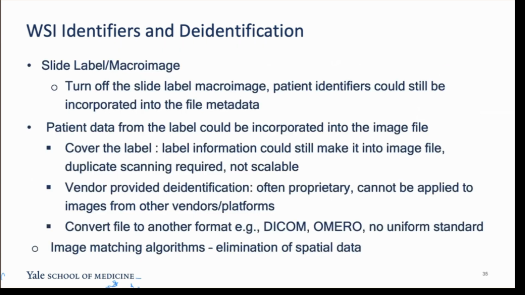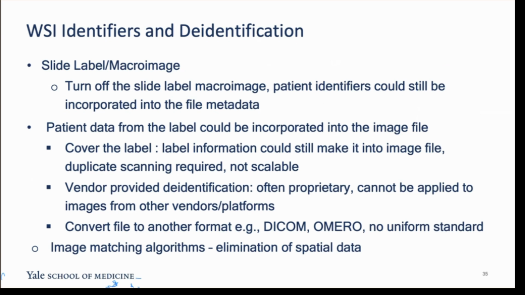So how do we deal with it? One way to do this is to just cover the slide physically so that the label information is obscured. But if the light is sufficiently strong enough and the label is not opaque, the scanner may still read that barcode and incorporate it into the file.